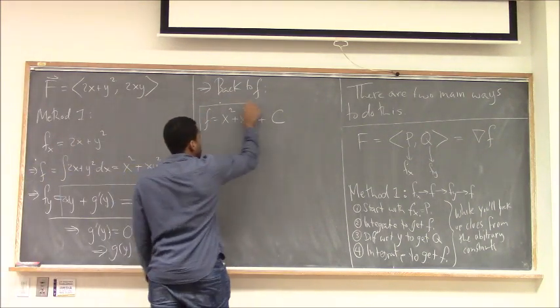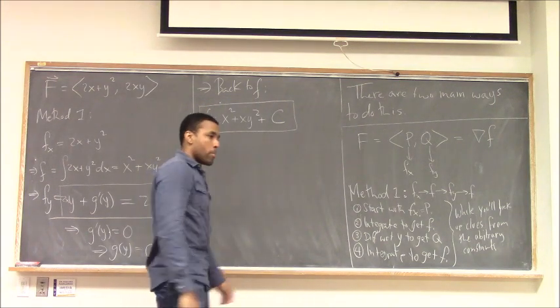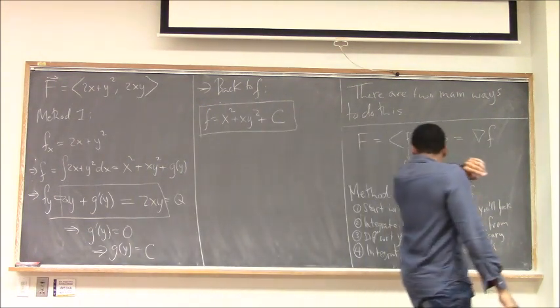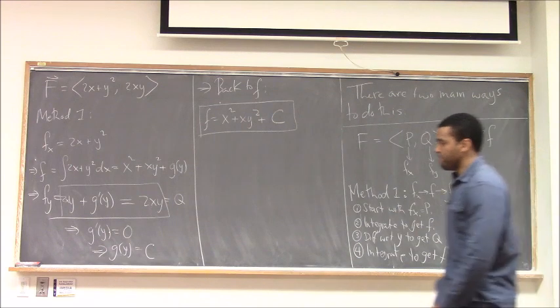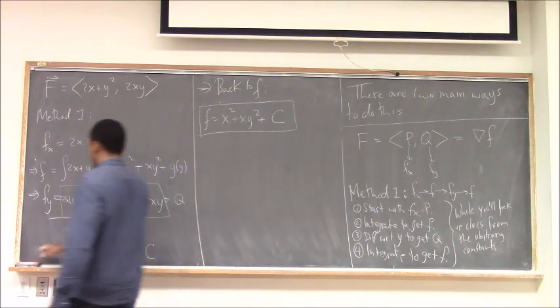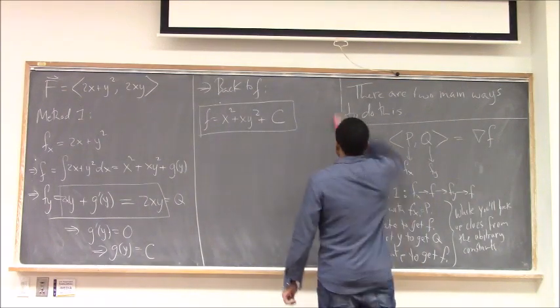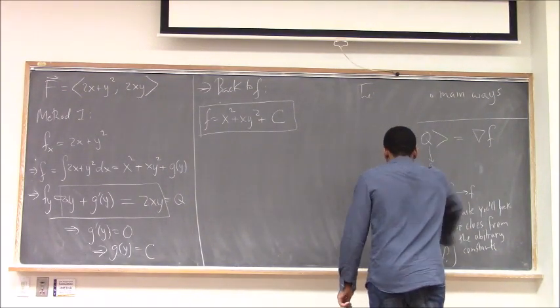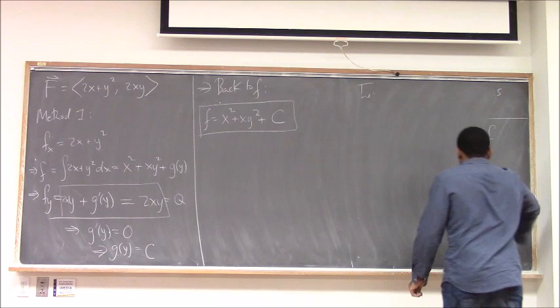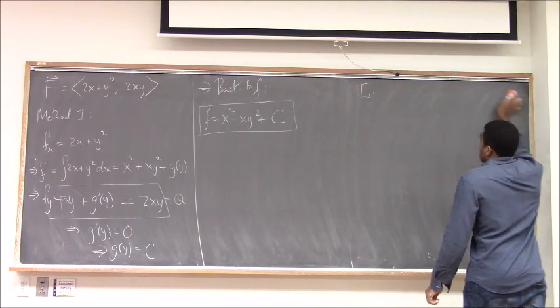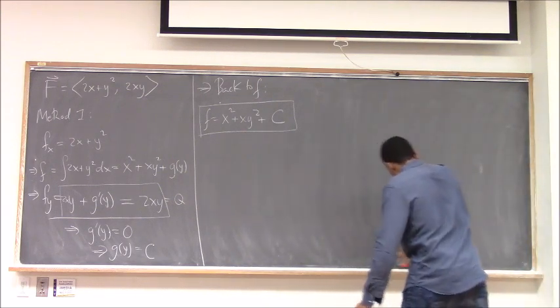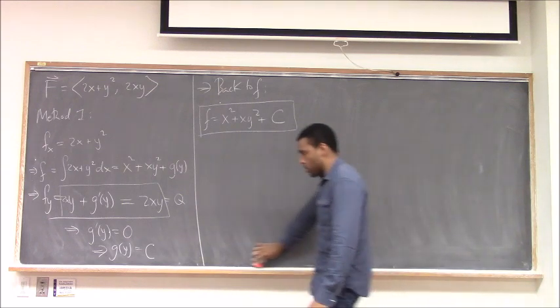And it turns out that will be my potential function. So that's method 1. Should be familiar to you guys if you did 391 already.